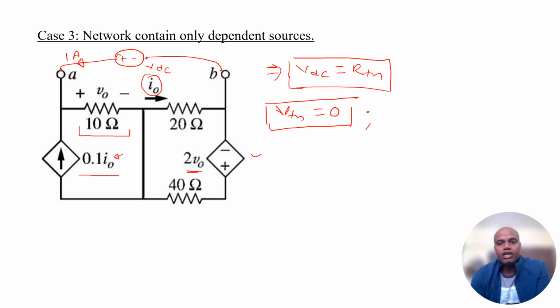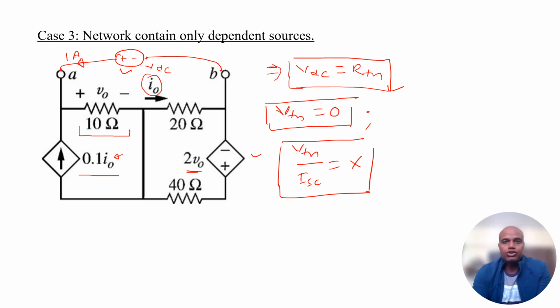Therefore, the second method, which is finding the value of ISC and then RTH becomes VTH upon ISC, is not applicable in such cases. So we are only left with the third method, which is applying a test voltage, let's say VDC, which is giving 1 ampere current in the circuit, and then finding the ratio of VDC upon 1 ampere, which is nothing but VDC, and that becomes equal to the RTH.